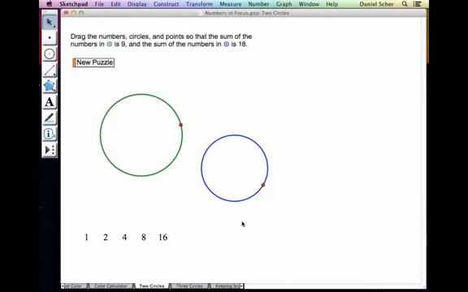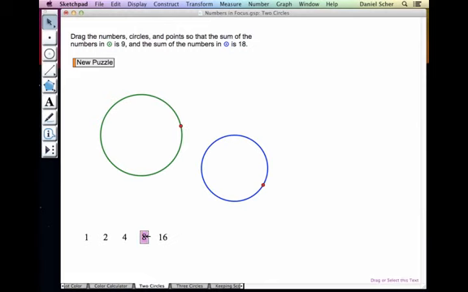I have just a few more minutes, so I wanted to show you one last activity quickly. Here we have two circles, and the numbers 1, 2, 4, 8, and 16. Our goal in this randomly generated challenge is to drag these numbers so that the sum of the numbers in the green circle is 9 and the sum in the blue circle is 18.